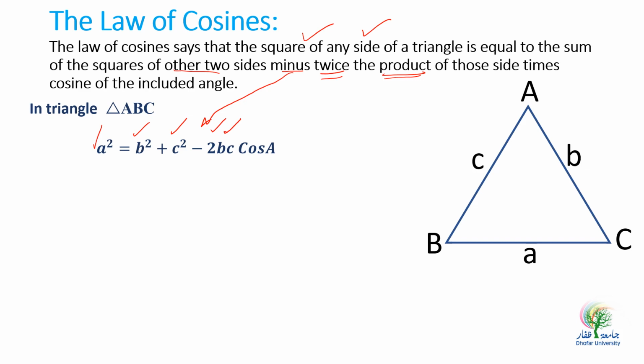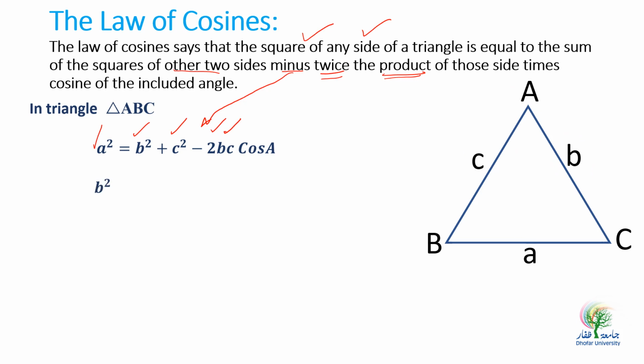So a square equals b square plus c square minus 2bc cosine of angle A. This is the law we have to memorize.